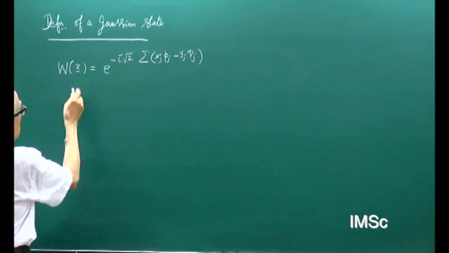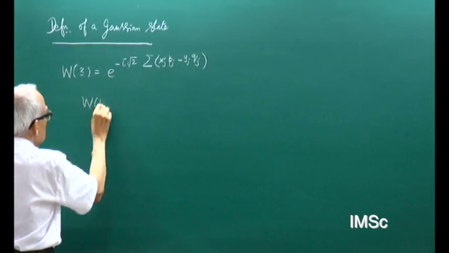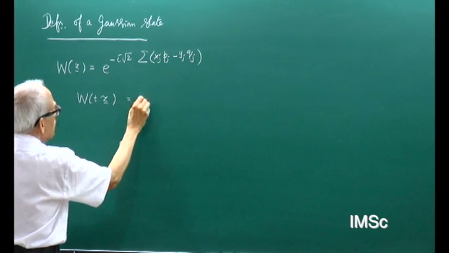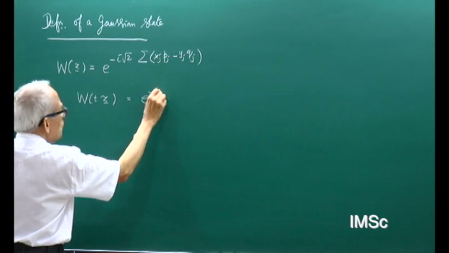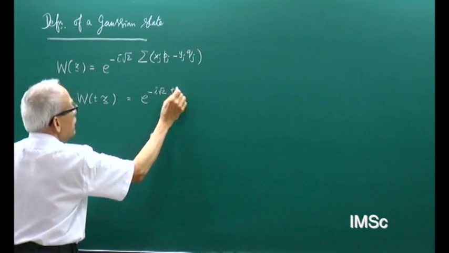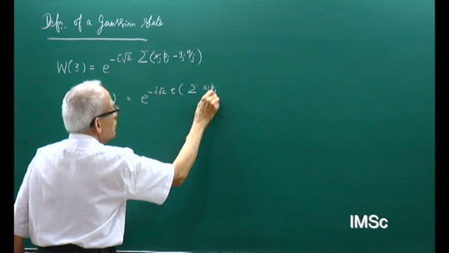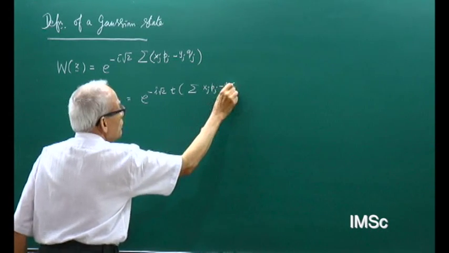So if I take W(tz) with this parameter, that is a one parameter unitary group, that will become e to the minus i root 2 into t into this sigma x_j p_j minus y_j q_j.